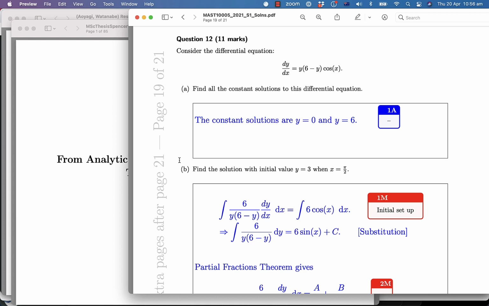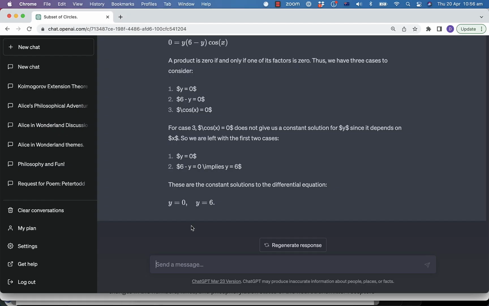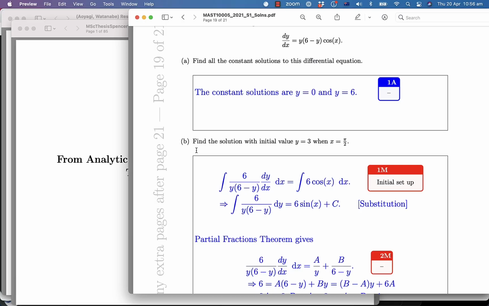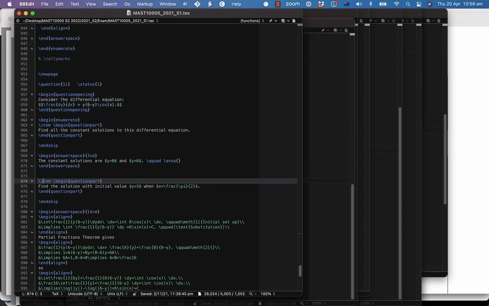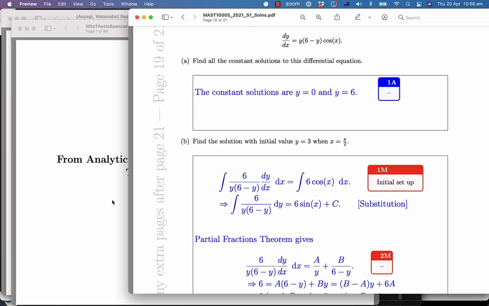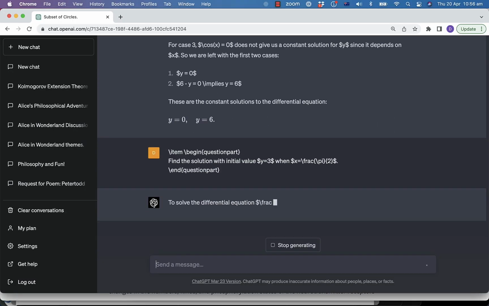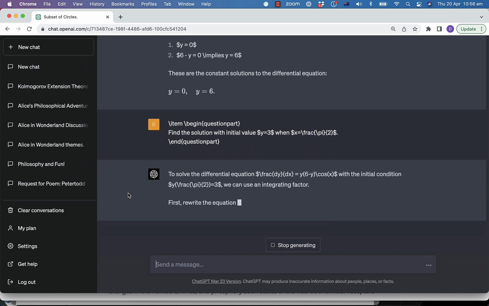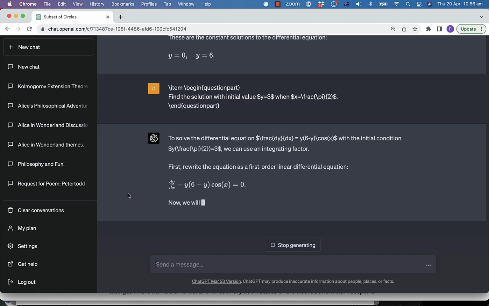Okay, so separable DE, find the constant solutions, divide both sides by the y's, integrate. y equals 0, y equals 6. Good. Find the solution with initial value y equals 3. All right. Oh yeah, okay, you could do that.